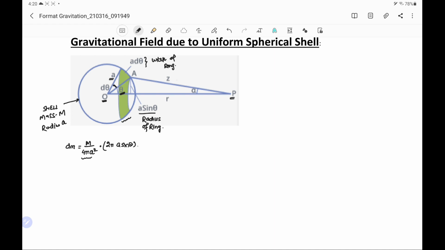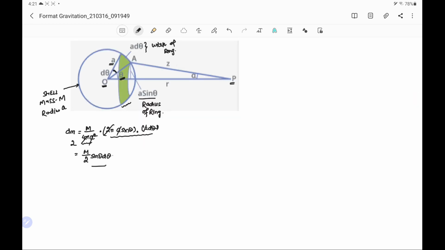This gives the circumference, and multiplied with the width, that is a d theta, we get the area of the ring. So it gives the elementary mass. On solving, 2 a square will be cancelled out, and simply we get m by 2 sine theta d theta. We have to replace this sine theta d theta in terms of z.